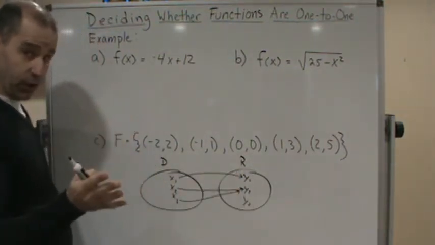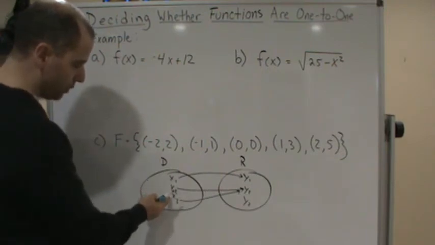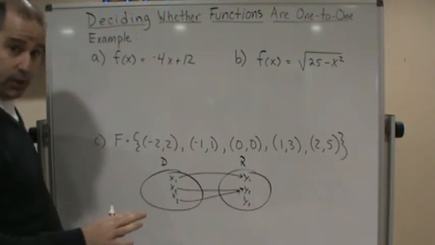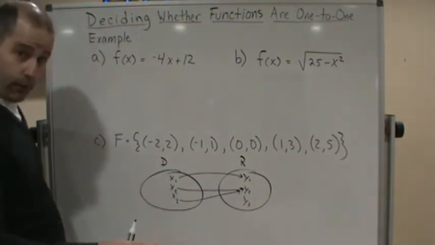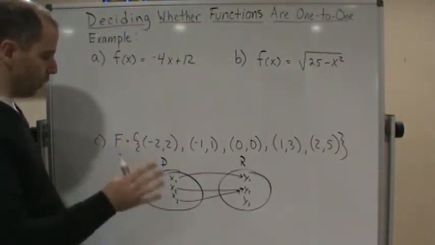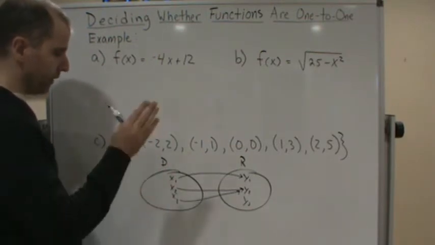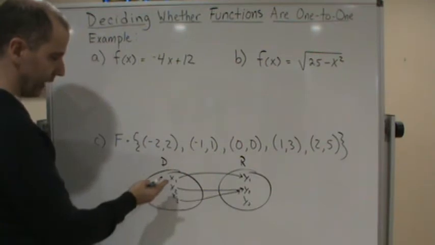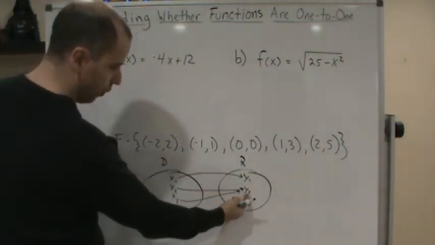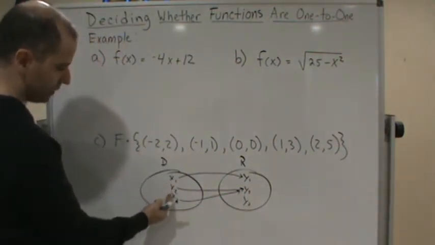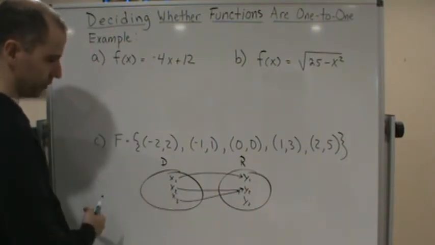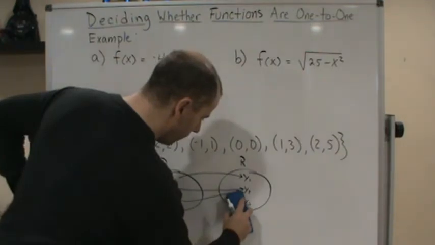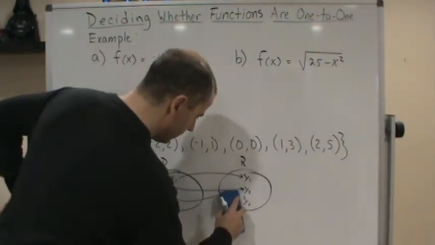As a function, we can have two different x values going to one y value, and that's okay, it's still a function, but it's not a one-to-one function, because a one-to-one function says that for every y value, there's only one x value. In this case, this y value comes from two different x values, so it's not one-to-one.